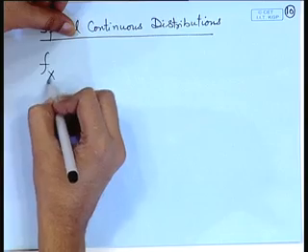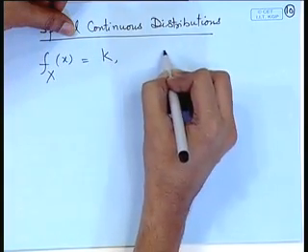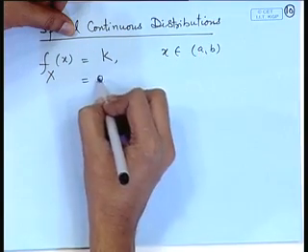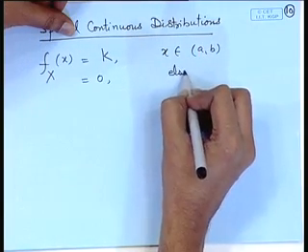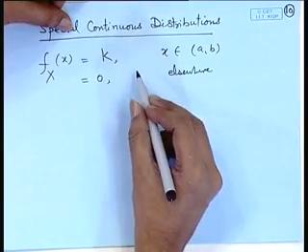So, if we consider say this portion of the pen, then in this portion the density, the weight, the thickness or the width is constant. So, if the density is a constant over a certain interval, say A to B, and 0 elsewhere, we call it uniform distribution.